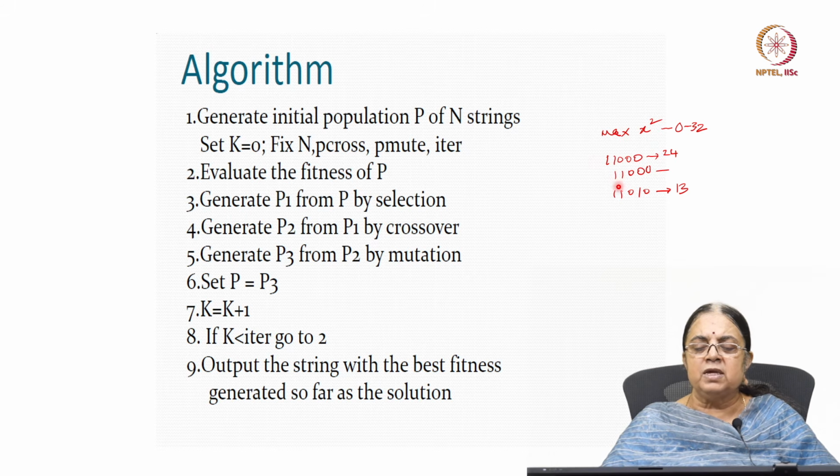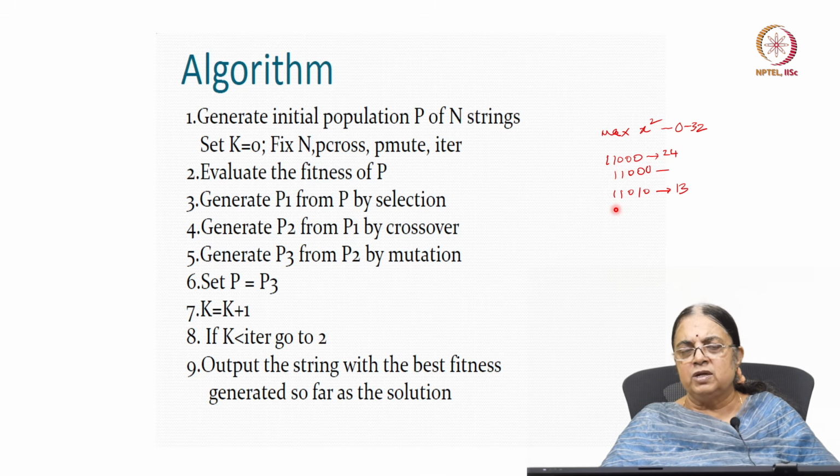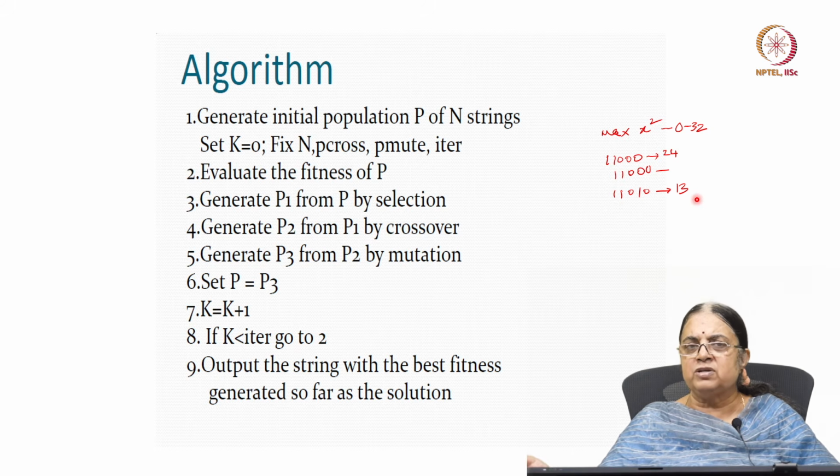Or if you have a subset of features, you can use only that subset and run the classification algorithm on your training data set, and see what classification accuracy you are getting. That classification accuracy could be the fitness of your string.